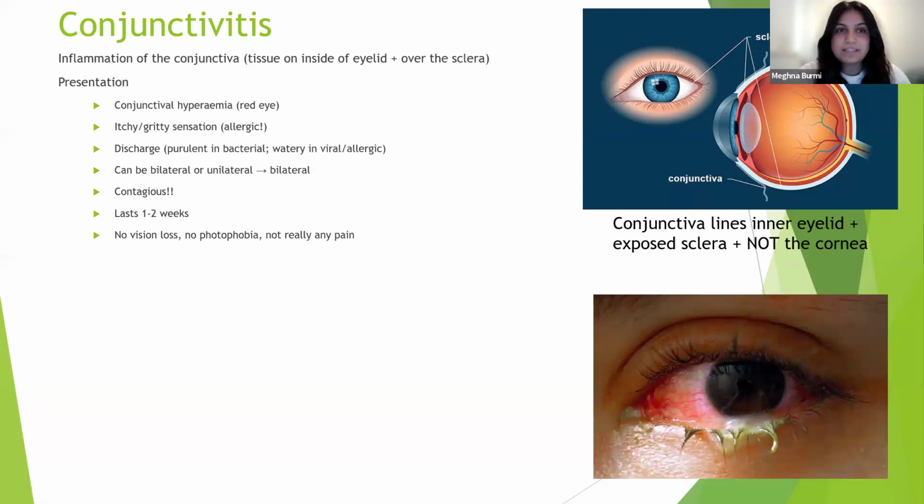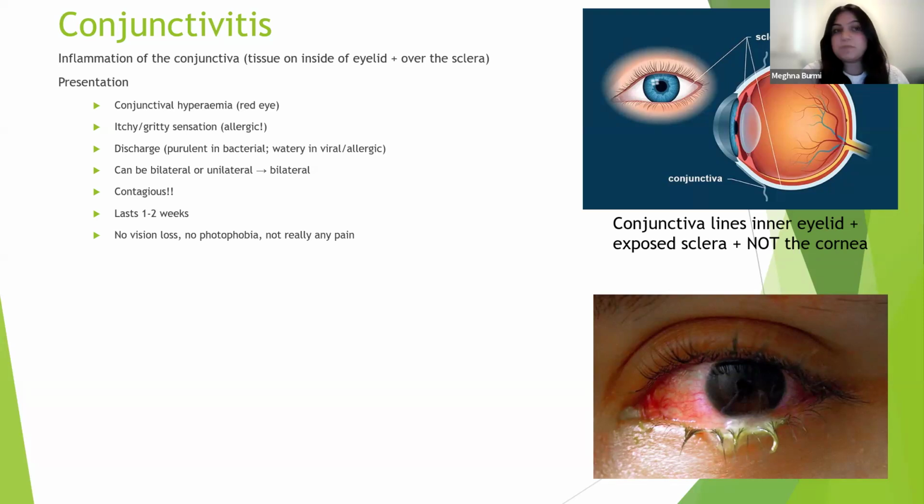It presents with a red eye, an itchy, gritty sensation, which is especially the case in allergic conjunctivitis. There's discharge, and the discharge is purulent, so it looks like this, in bacterial, and watery in viral or allergic. It can be bilateral, but often it starts off unilateral and then spreads to the other eye.